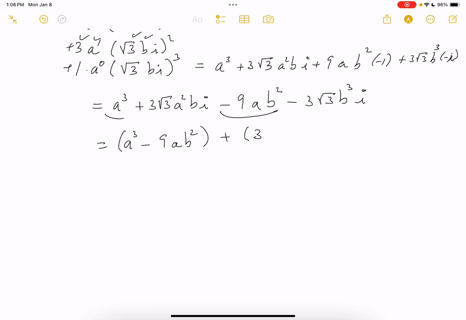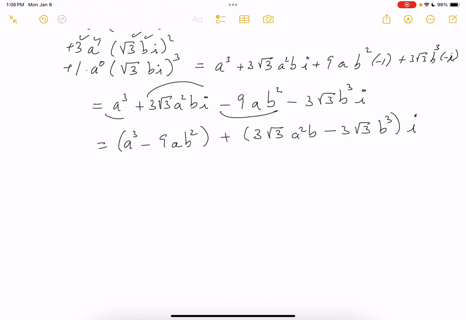Plus 3 root 3 a squared b minus 3 root 3 b cubed, times i. Let me take a look and make sure I'm clear about what they're asking.